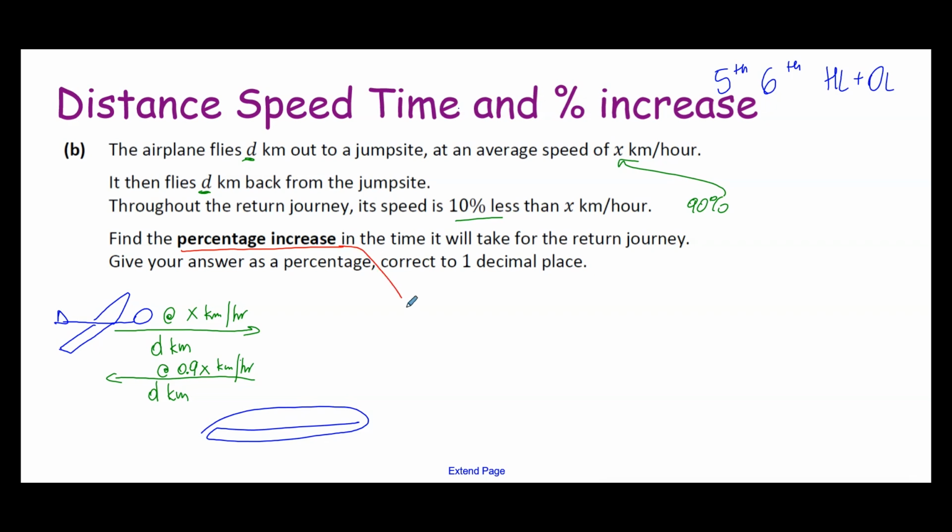When we calculate percentage increase or decrease, it's always the same thing. As you know if you're watching my videos, I like to make things very simple, not sophisticated.